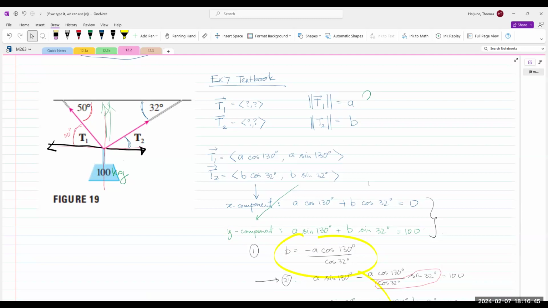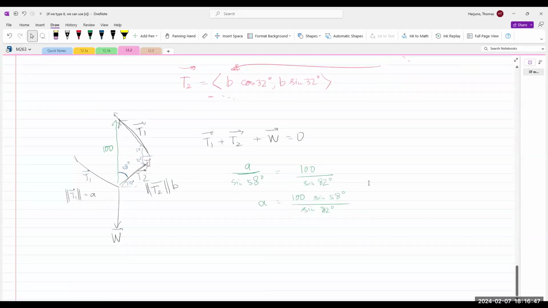If you use the second method, you still need to break it down, because the final question is not only the magnitude of the tensions, but also the tension itself, which is a vector.